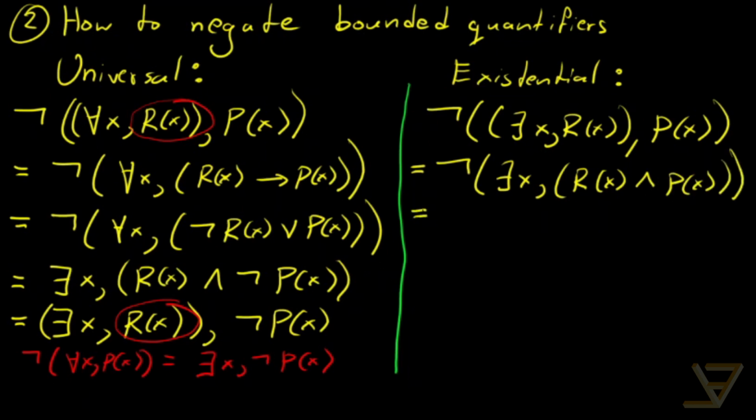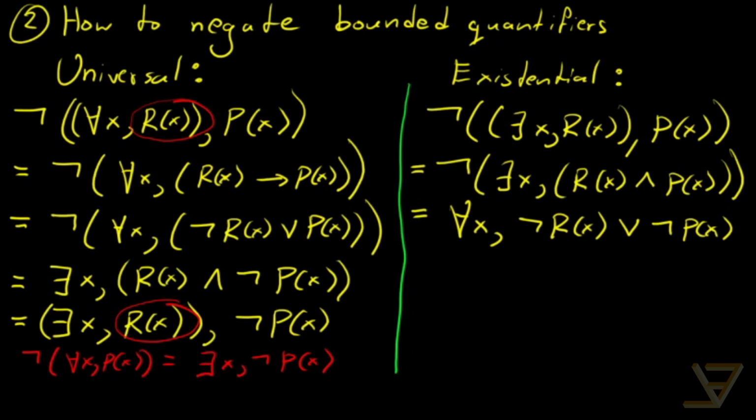And we know what to do here because we can just apply De Morgan's law to flip the e into an a. So we get for all x not r of x or not p of x.